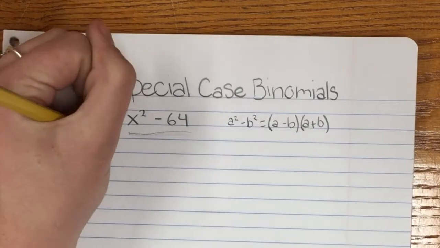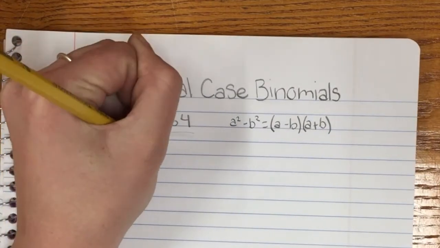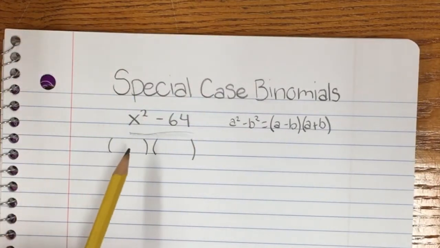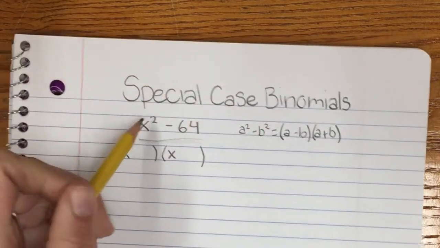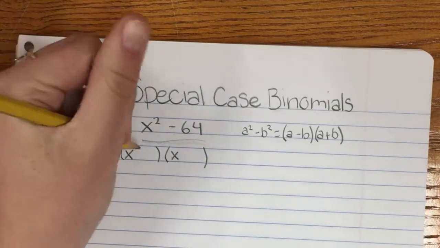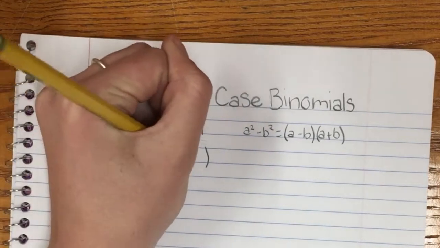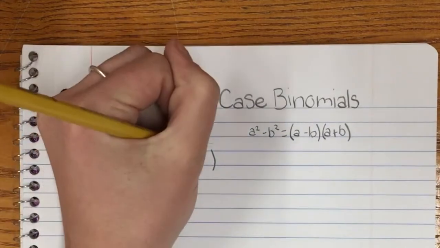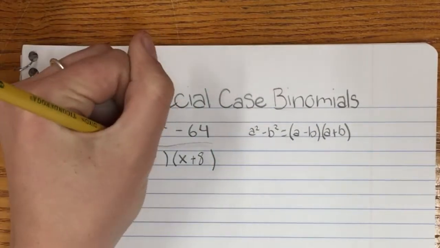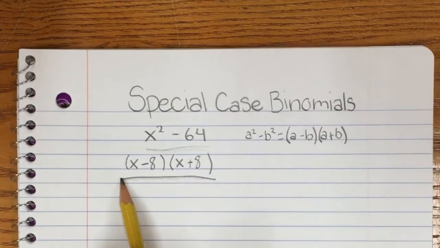So let's put some parentheses and factor it out. We're going to put x because there are 2 x's here, minus and then plus, and the square root of 64 is 8. Super simple, and that's your solution.